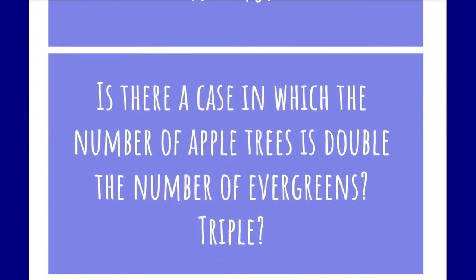Is there a case in which the number of apple trees is double the number of evergreens? What about triple? Is there a case where the number of apple trees is triple the number of evergreens?